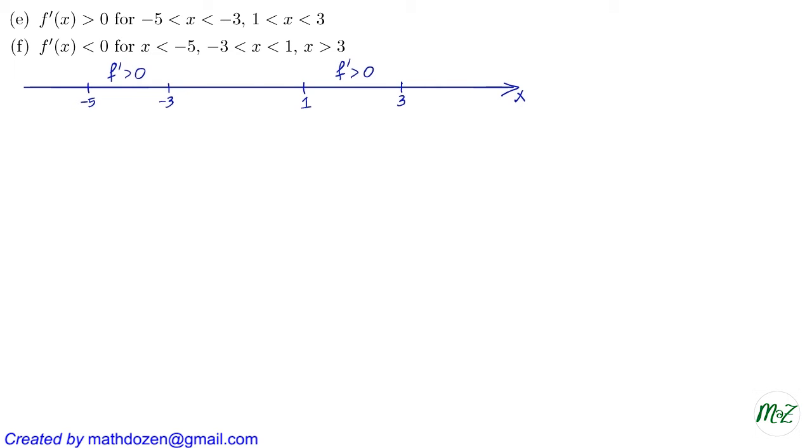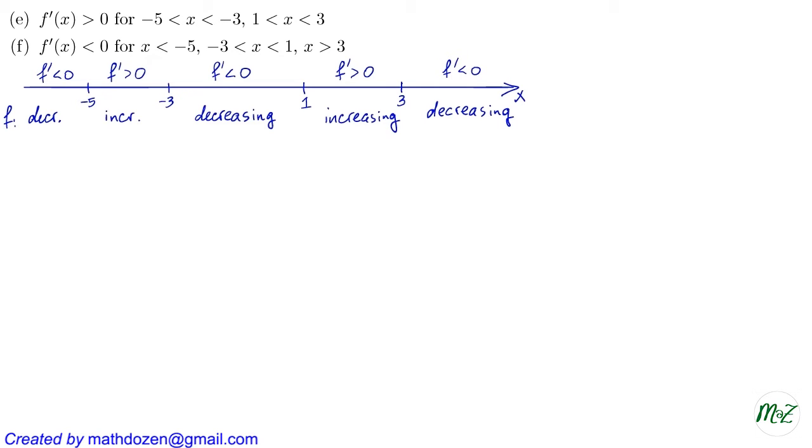And also we're told that the first derivative is negative to the left of -5, between -3 and 1, and to the right of 3. And where the first derivative is negative, the function itself must be decreasing. And where the first derivative is positive, the function itself must be increasing.